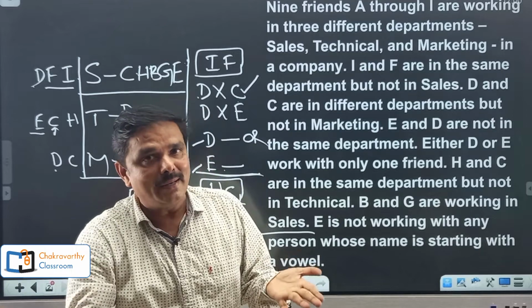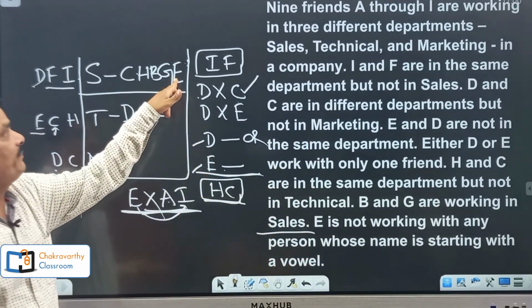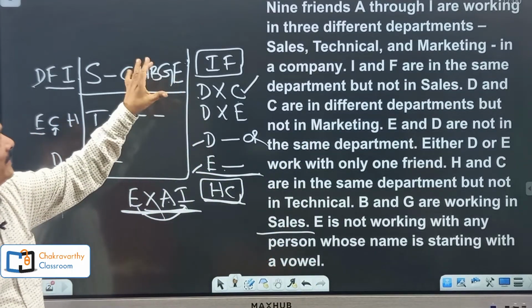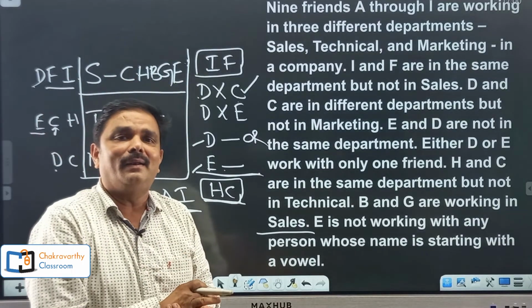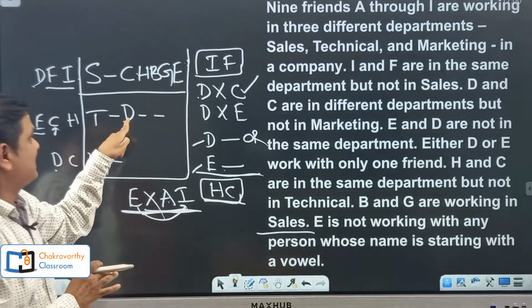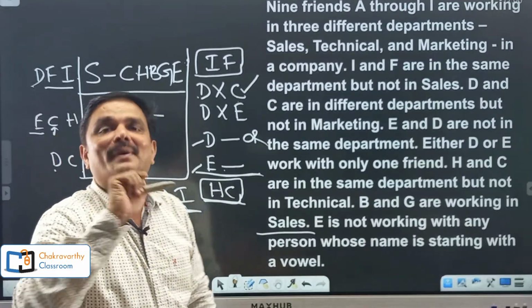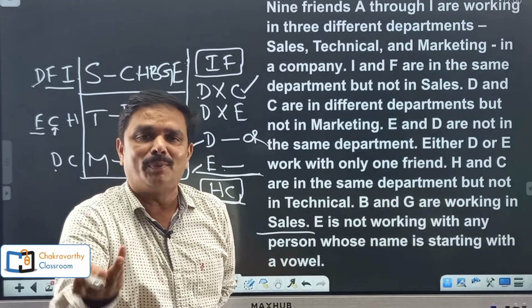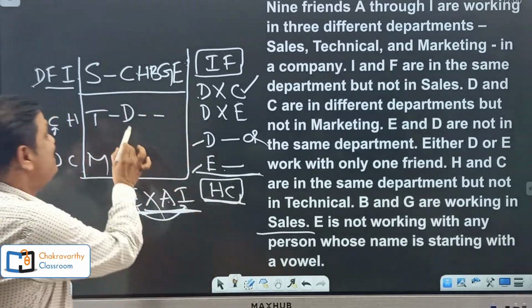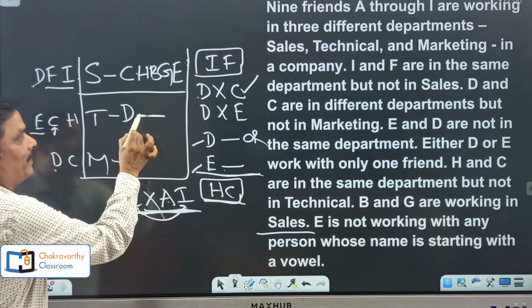Already E is fixed here. That means E is already fixed in one department where already 4 persons are there. Now D must work with only one person, either D or E. This possibility is gone. Now D must work with only one person.